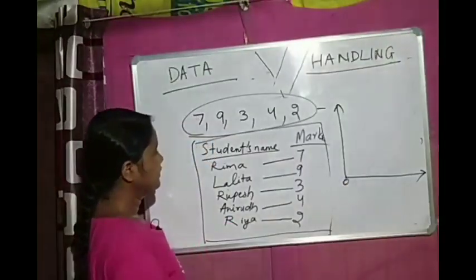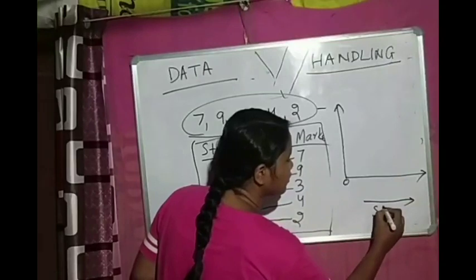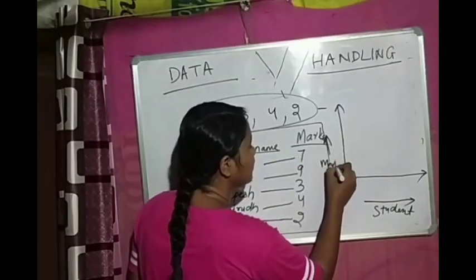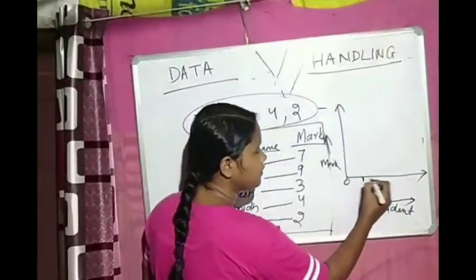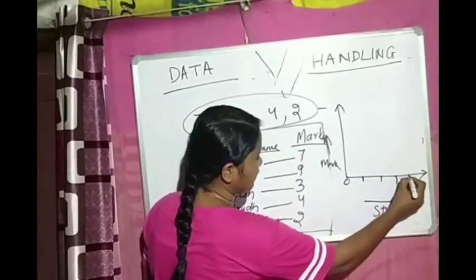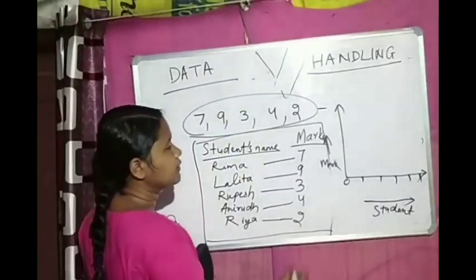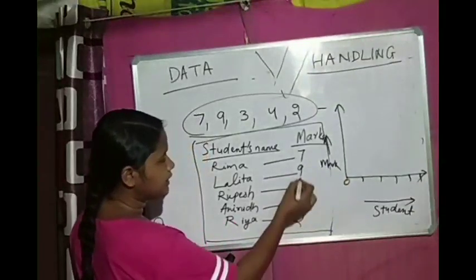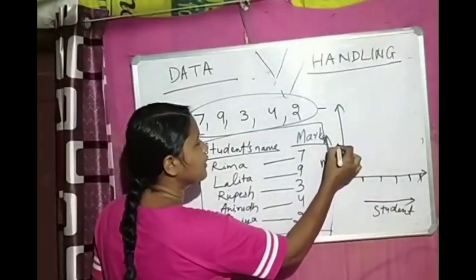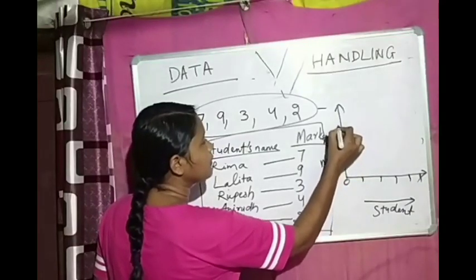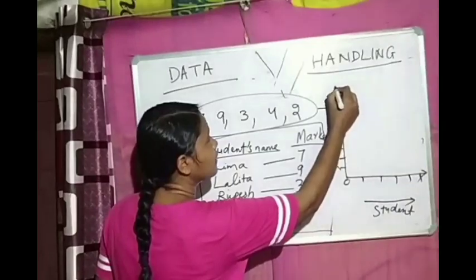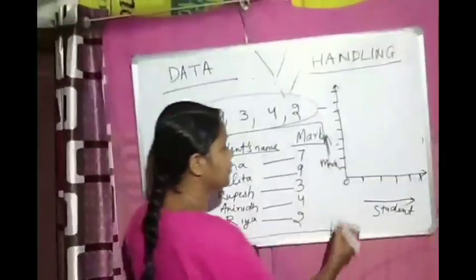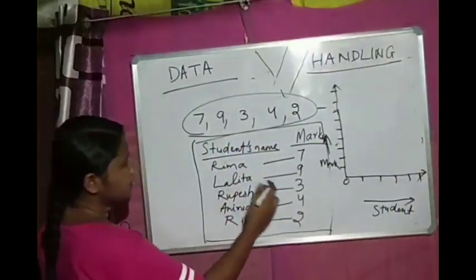This is 0, and this is for students, and this will give us marks. So let's mark 1, 2, 3, 4, 5 for the students. The highest mark is how much? 9. So 1, 2, 3, 4, 5, 6, 7, 8, 9.